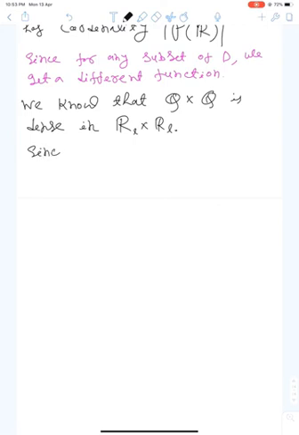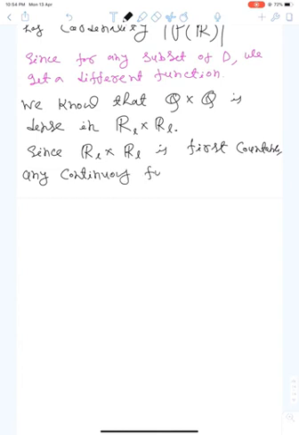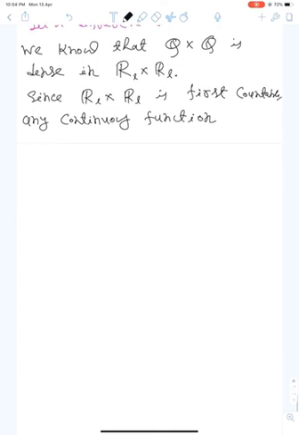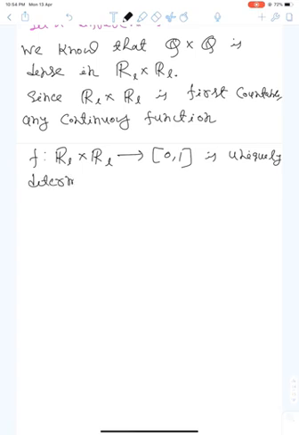Now since RL cross RL is first countable, any continuous function from RL cross RL to [0,1] is uniquely determined by its values on Q cross Q.